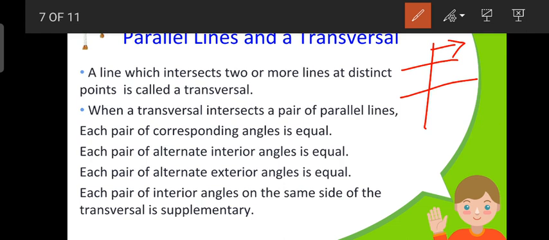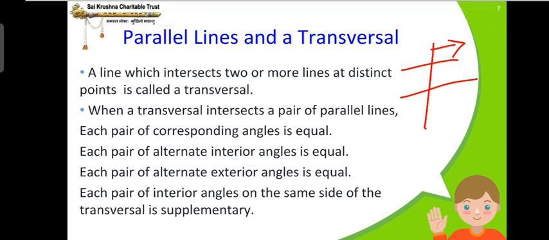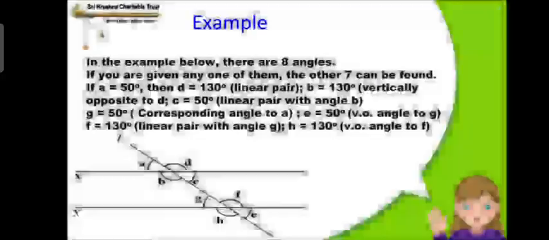When a transversal intersects a pair of parallel lines, what angles are equal? Each pair of corresponding angles is equal. Each pair of alternate interior angles is equal. Each pair of alternate exterior angles is equal. Each pair of interior angles on the same side of the transversal is supplementary. All these things we will look at in the next slide.